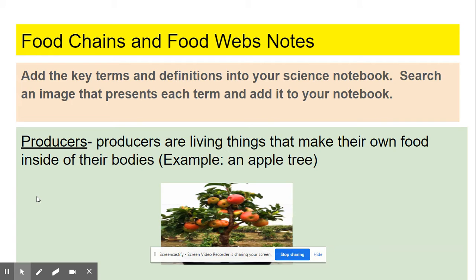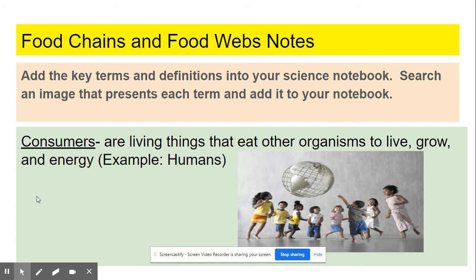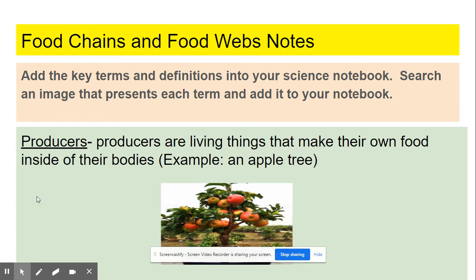So we're not producers. We may cook food and consume other organisms, but we are not producers. When you give me an example of a producer, you need to be very specific. For example, I gave you an example of an apple tree. An apple tree is a producer. The same thing with consumer. I wrote humans, but there are other types of consumers that you can use.